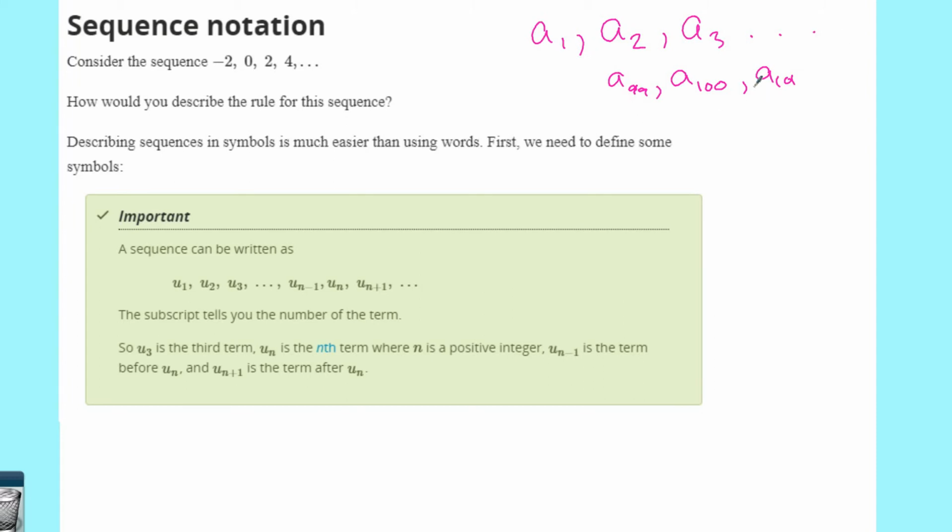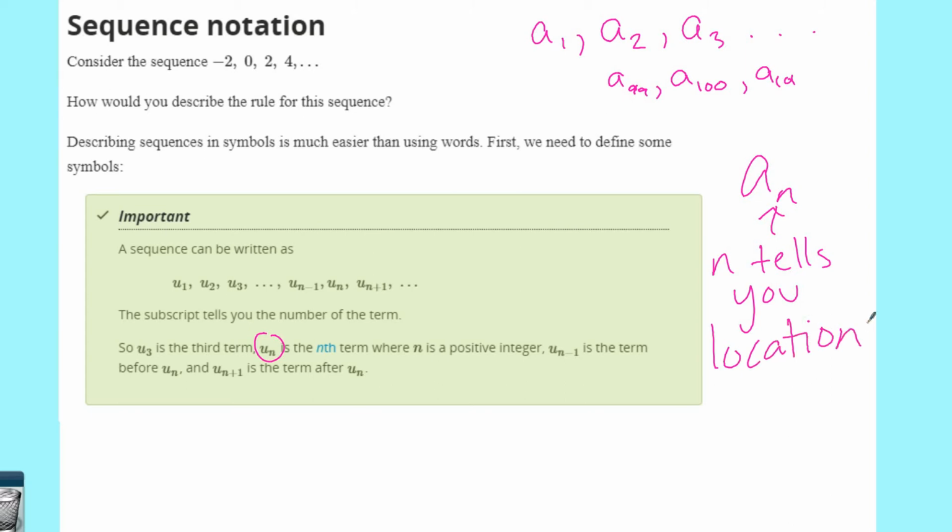That's very important. N tells you that A sub N or U sub N, whatever you want to use, N tells you location. It doesn't tell you what the number is, it just tells you where it is.